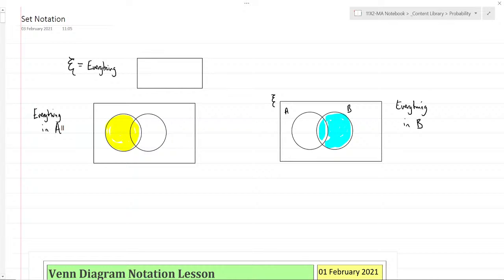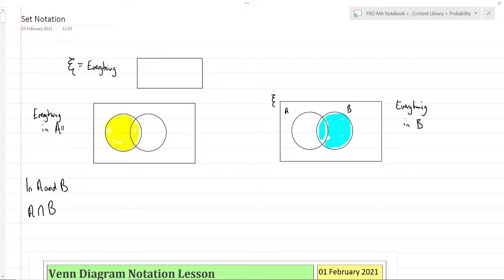Now what we're going to look at next is everything which is in A and B. So let's write down here, in A and B. Now there's a special symbol for this. A and B looks like this. It's like an N shape, okay? And that means and.